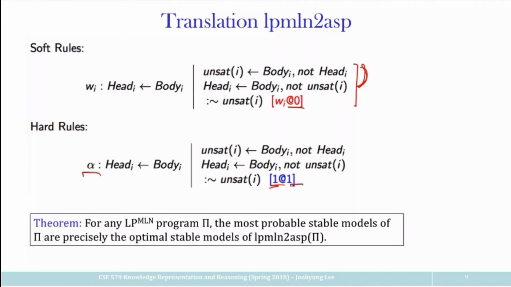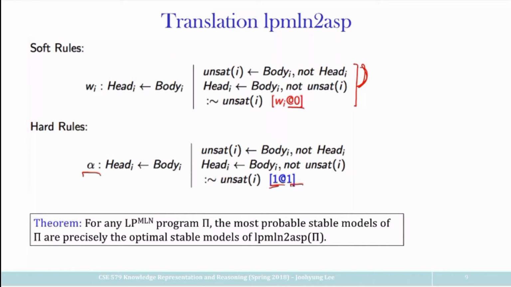In fact, if you go to the paper, there is a use of choice rules for the whole rules. There are actually a few different levels of translations, and this is the last translation from there. But in the intermediate level, we have the version that uses choice rules.